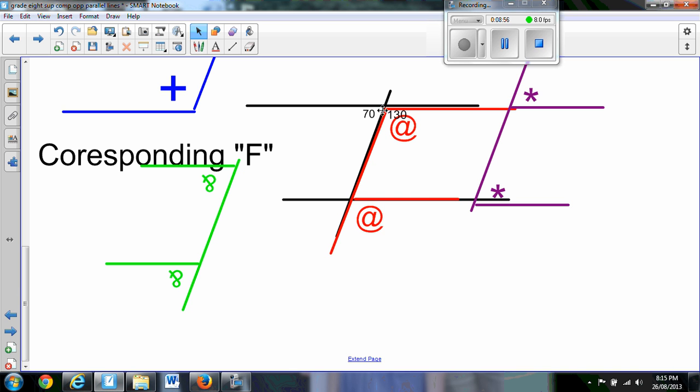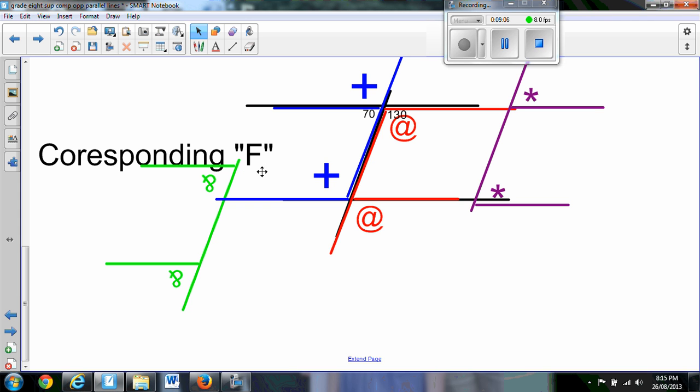You could use this F pattern here, looks like a regular F that shows us this one and this one. You could use this one right here, which would show us this angle and this angle. Remember, it's at the underneath of the top of the F and the underneath of the bottom stick, this one here in the F, so good way to remember.